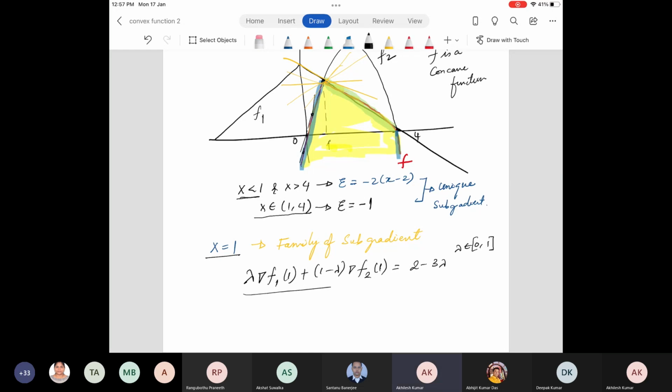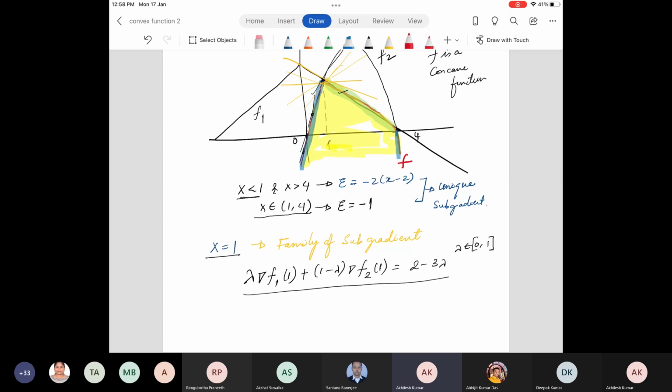Does this make sense? If you put lambda equals 0, which hyperplane does it become? It becomes the f2 slope at 1. If you put lambda equals 1, it becomes the slope of the other line at 1.